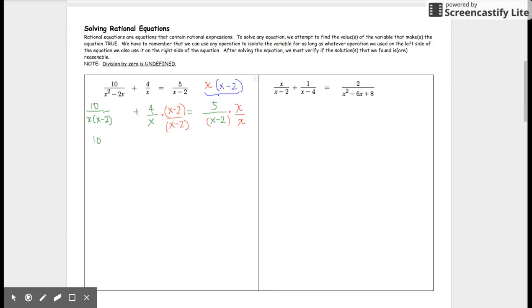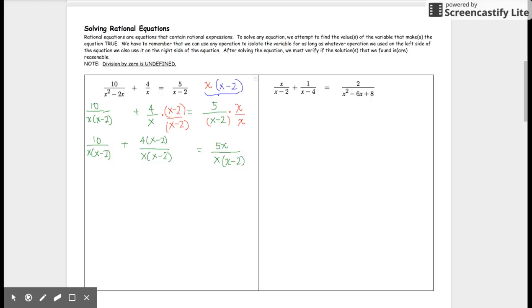So we'll put here 10 over x times x minus 2 plus 4 times x minus 2 over x times x minus 2 equals 5 times x over, I can switch around these two factors, so I'll have x times x minus 2. All right, now we see that all the denominators are the same.